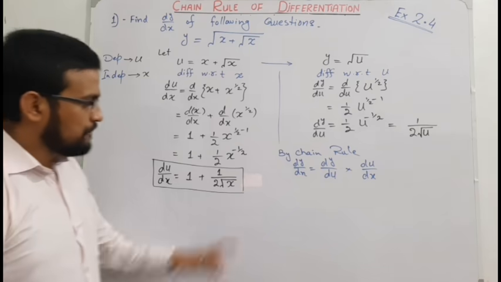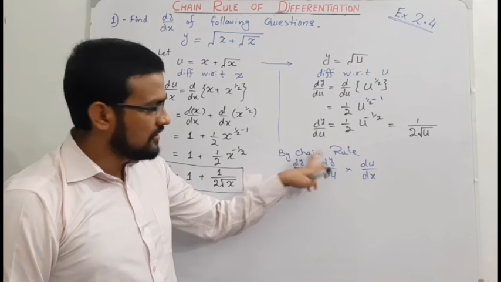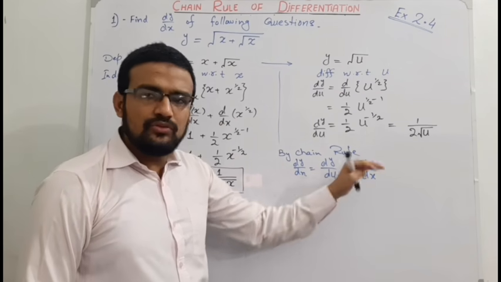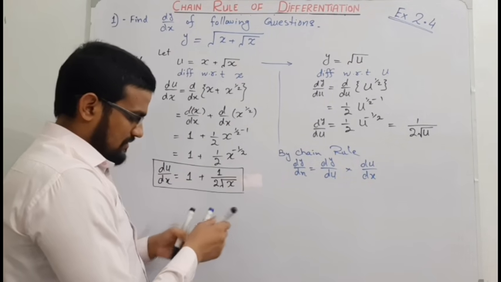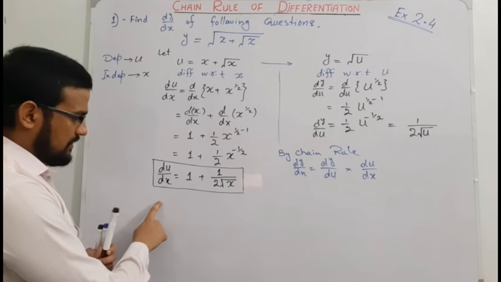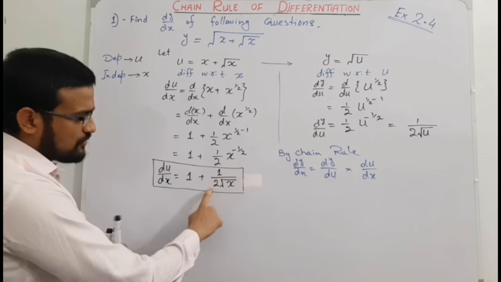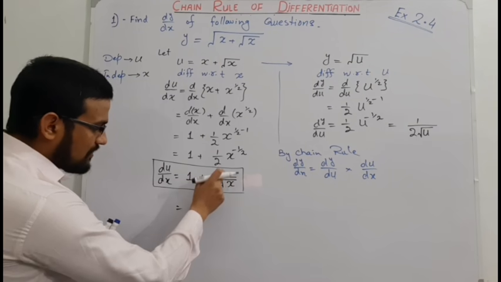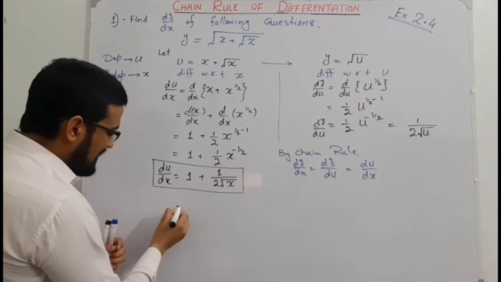Okay, dy over dx, our requirement, it means dy is the numerator and dx is the denominator, and these du cancel with each other. According to chain rule, then by putting the value of du over dx, here students, 1 plus 1 over 2 square root x, this is a fractional value. For simplification, you need LCM.